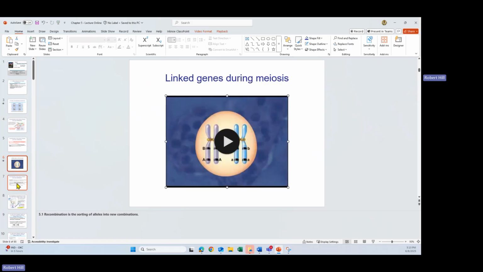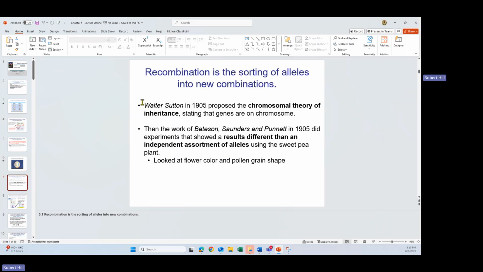Okay, let's look at it more closely. All right, so just a little history here. Walter Sutton came up with the chromosomal theory of inheritance, basically discovering that genes are located on these DNA structures on chromosomes. Then Bateson, Saunders, and Punnett did a bunch of experiments that showed results different than independent assortment of alleles.